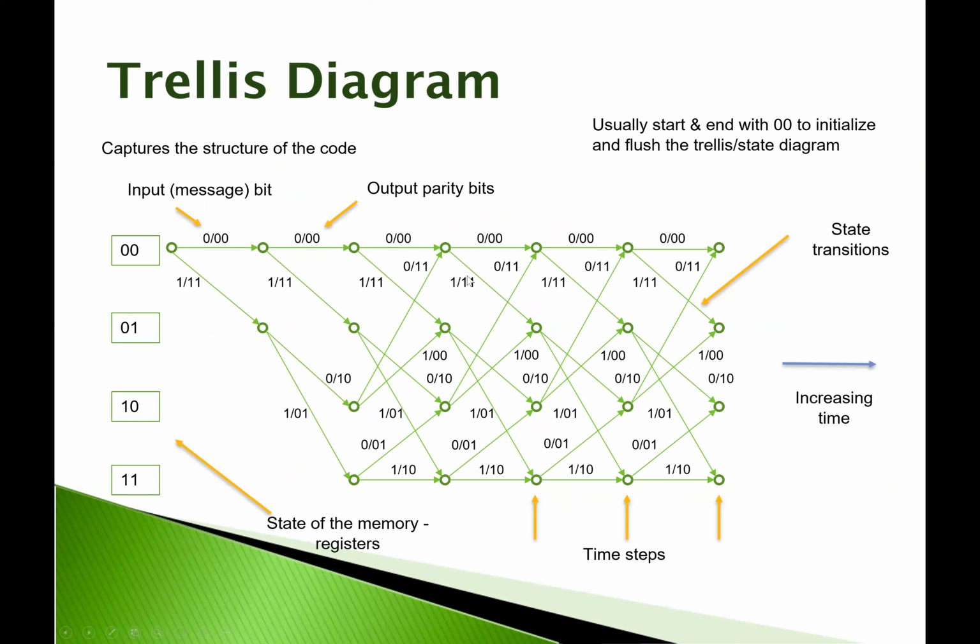There are all sorts of different paths we could take through this trellis, and we're going to have a certain set of bits that are received. For each of these branches at a given time step, for this code rate 1/2 code, there's a pair of parity bits that we're expecting.